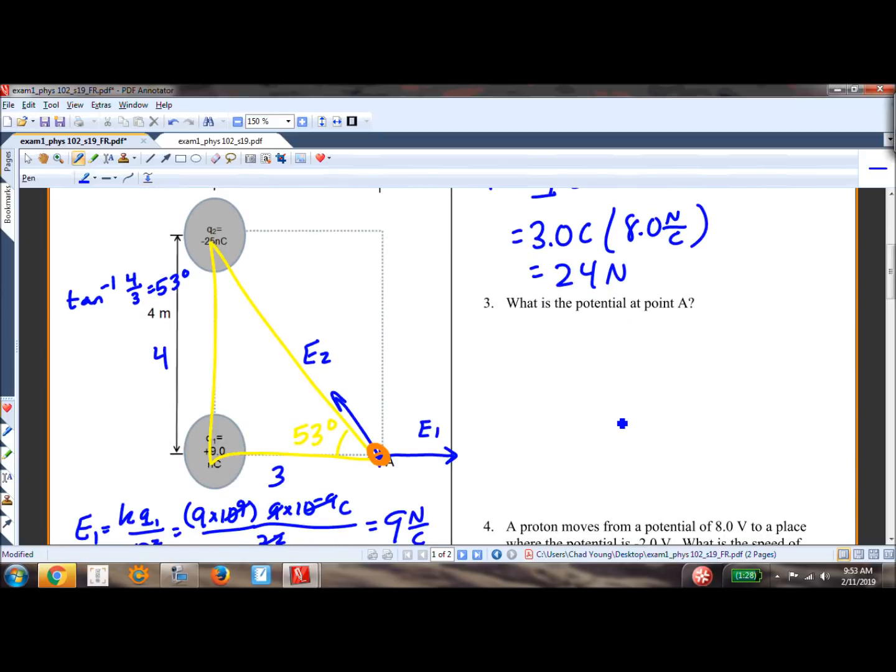And if I want to know the potential at point A, I sum up the individual potentials. So the total potential is equal to V1 plus V2. That's kQ over r plus kQ over r.